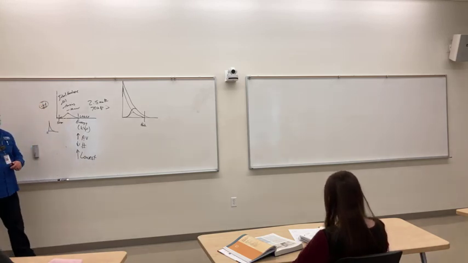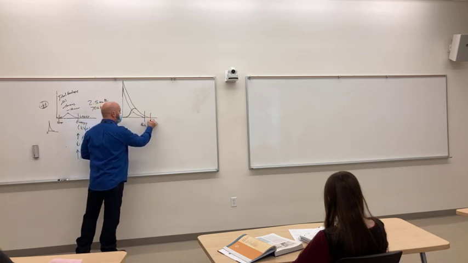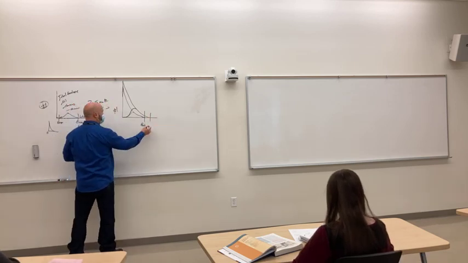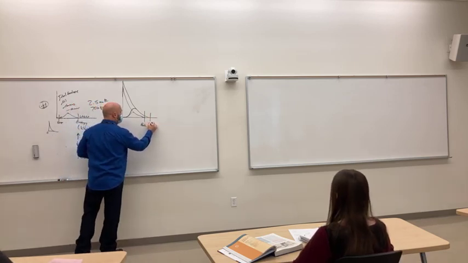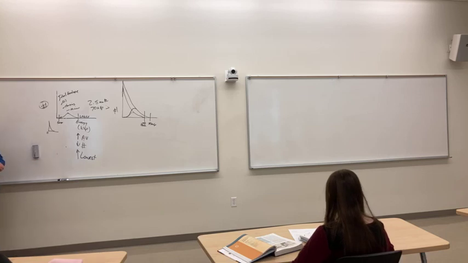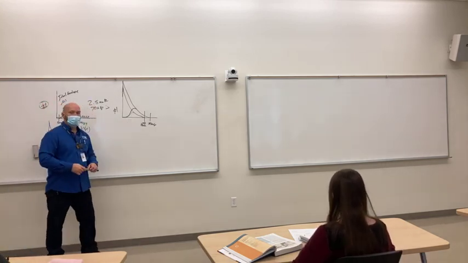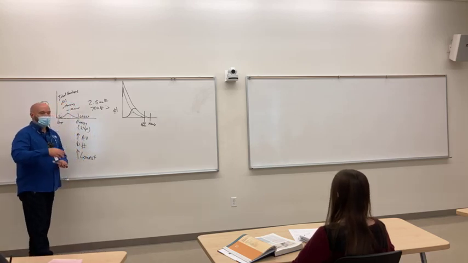So as we increase kVp, we increase the peak. Let's say I went from 60 kVp to 70 kVp. Okay, so this was 60, that was 70. So what happened to the peak? Well, peak increased, right? But what happened to the average? It went up too, right?